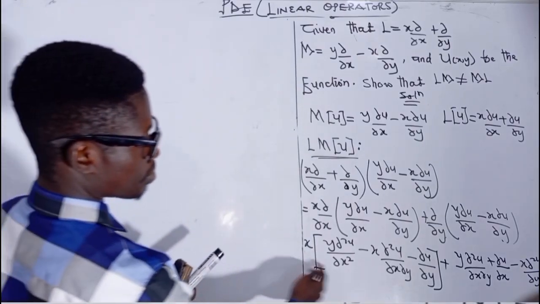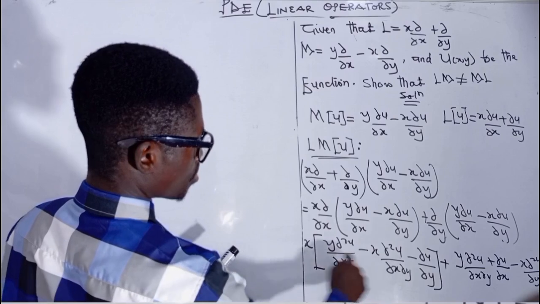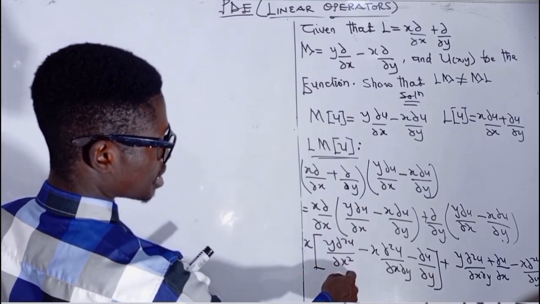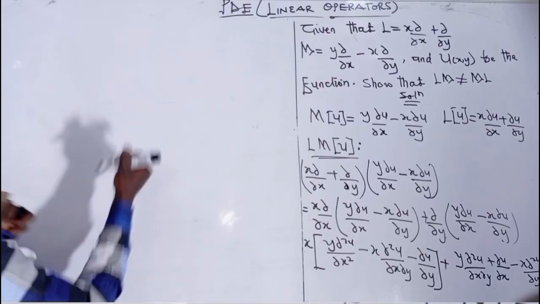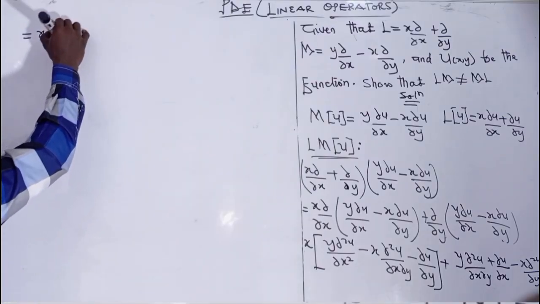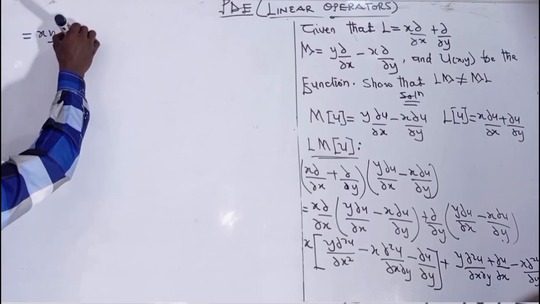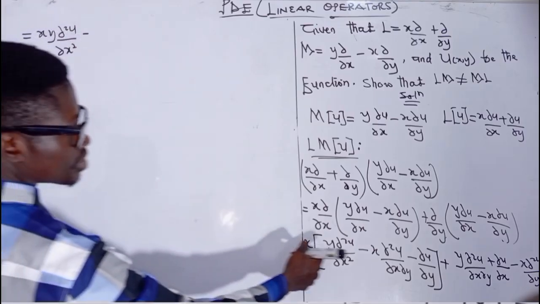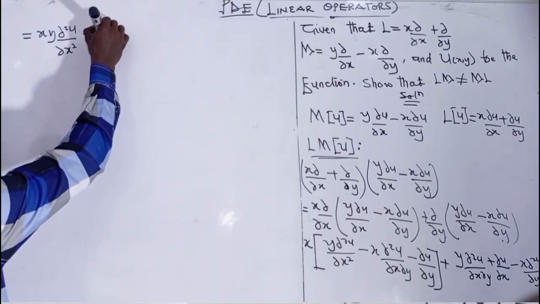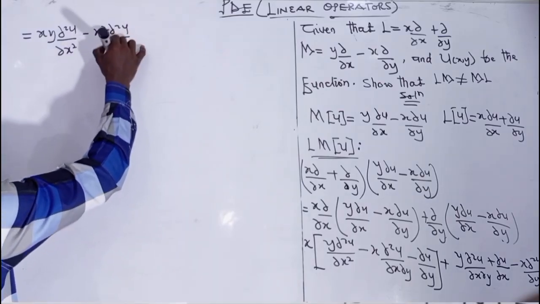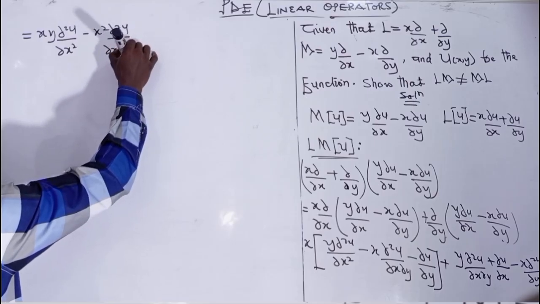So from here, let's expand the brackets by multiplying through by what? X. So we have x times y ∂²u/∂x². We are going to get xy ∂²u/∂x². Then we have minus. This will give us x². So we have minus x² ∂²u/∂x∂y.